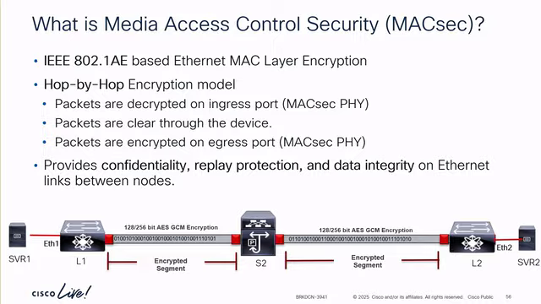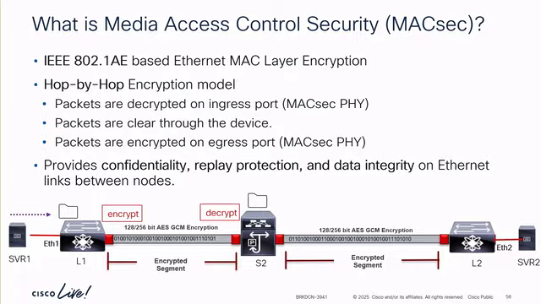Now, how does the encryption process actually work? Well, I'm assuming here that the server sends in clear text to the switch. By the way, MACsec can go all the way to the NIC card of the server. But because we're talking here on Nexus, I'm only going to talk about switches. So what does the switch do? It will receive it, leaf 1 encrypts it, sends it over to spine 2.